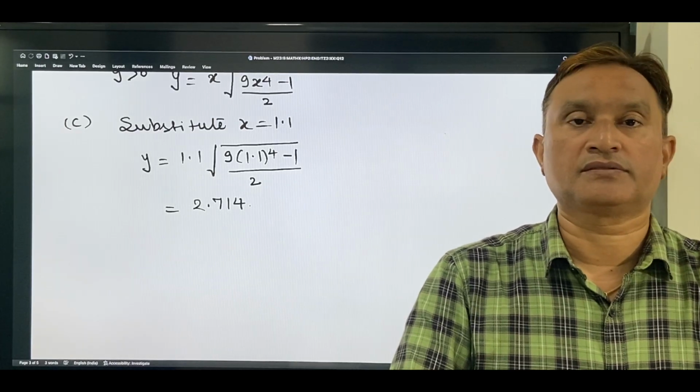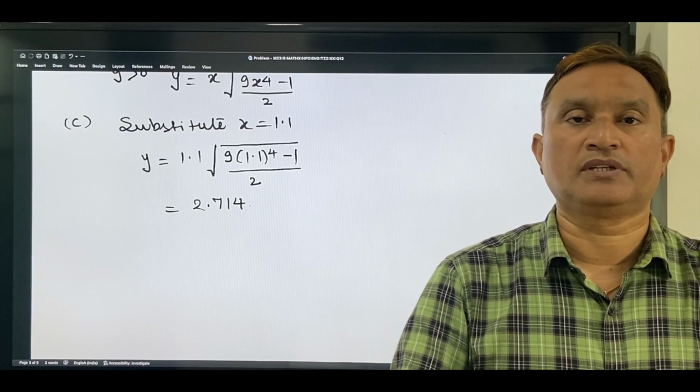So this is the solution of C part. Now we will proceed to D part.